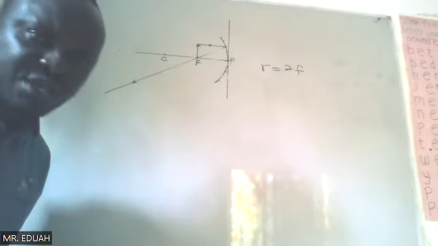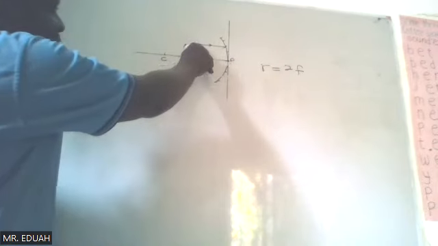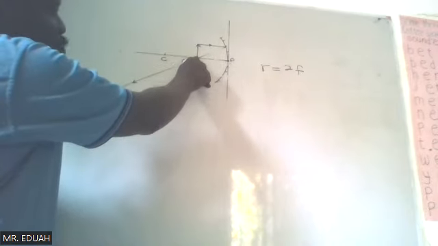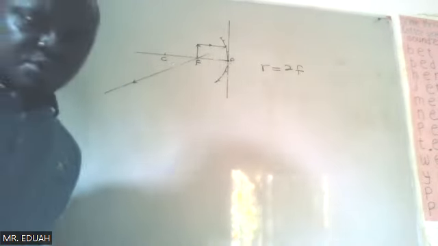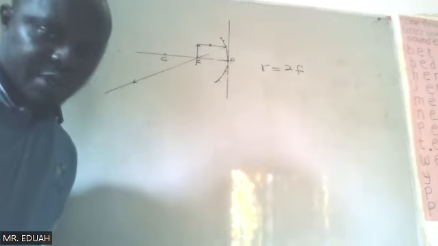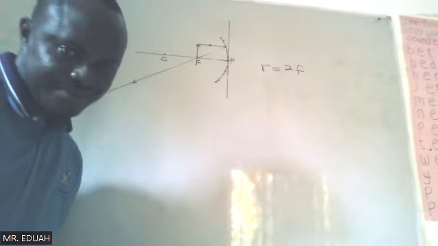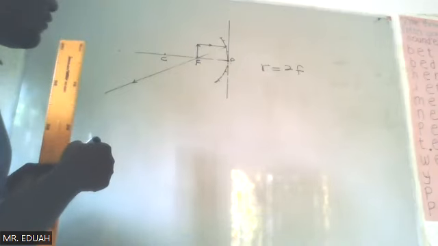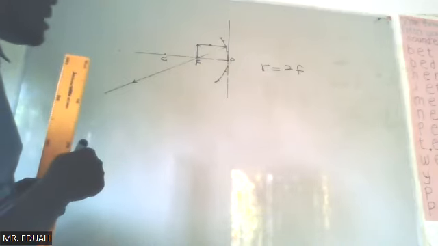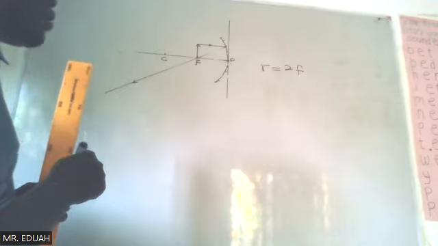The foot will always be on the principal axis. So you cannot draw a ray from the head to pass through F. Do you see it? Yes, please. We cannot draw a ray from the head to pass through F. So we are limited when it comes to application of that rule.